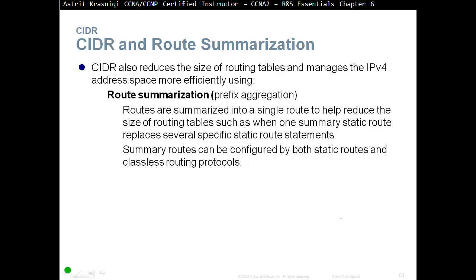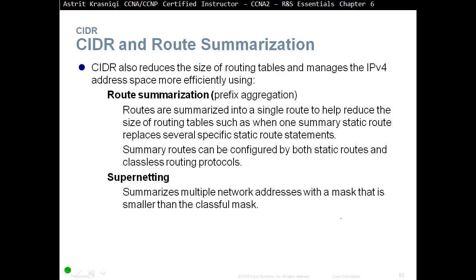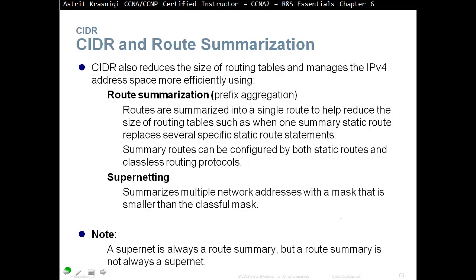Summary routes can be configured by both static routes and classless routing protocols. Or supernetting. Supernetting summarizes multiple network addresses with a mask that is smaller than the classful mask. A supernet is always a route summary, but a route summary is not always a supernet.